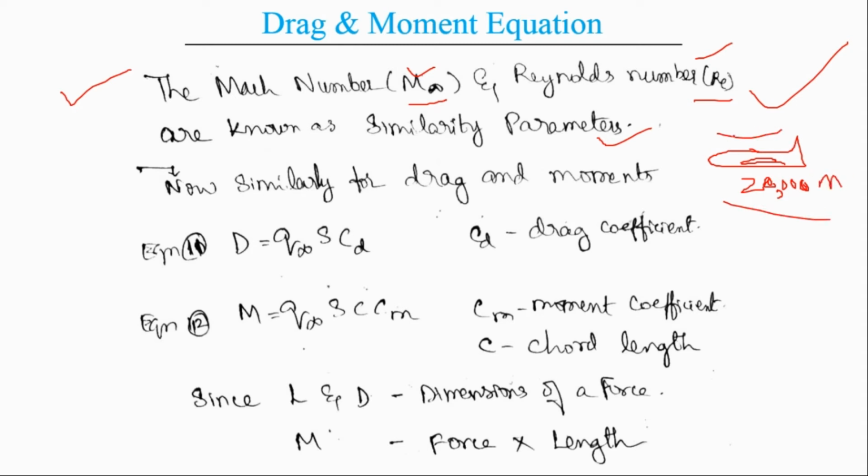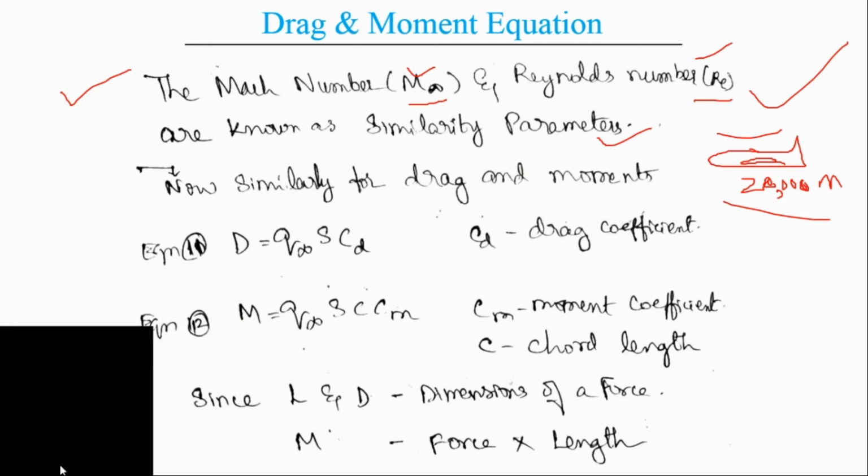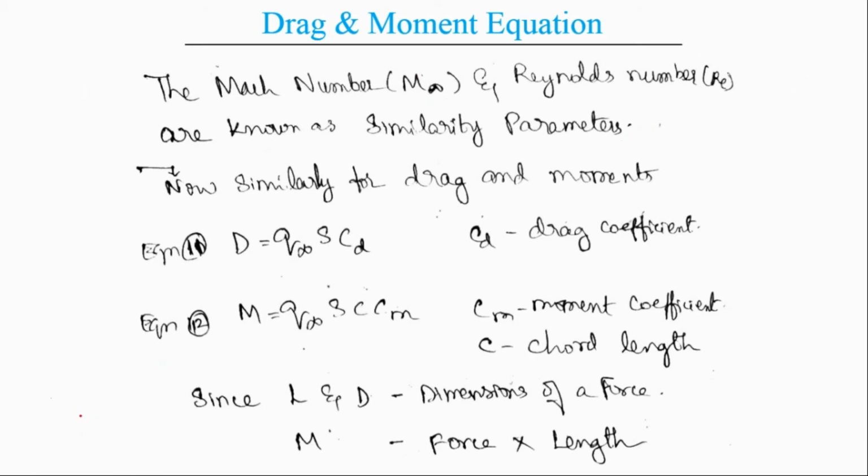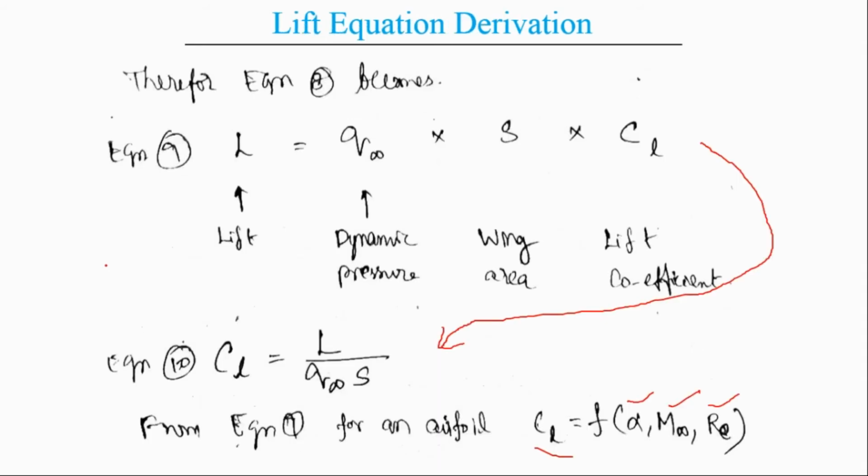When we match both of these, we obtain the actual value of that particular situation in the wind tunnel itself. This significantly reduces the cost of experimentation. Now, when we further move on to the case of drag and moment, in a similar fashion the lift is defined as Q infinity S CL.